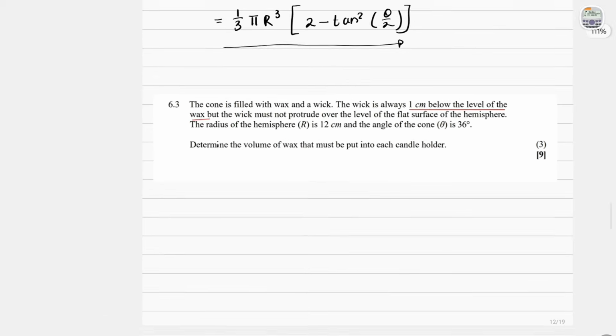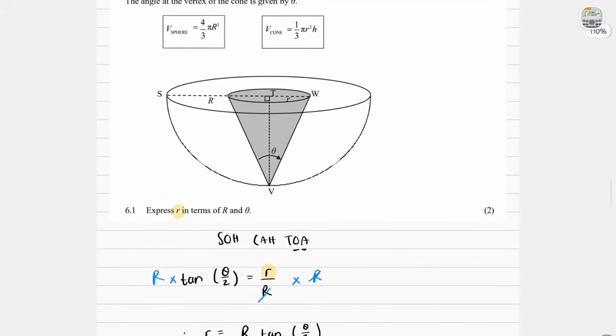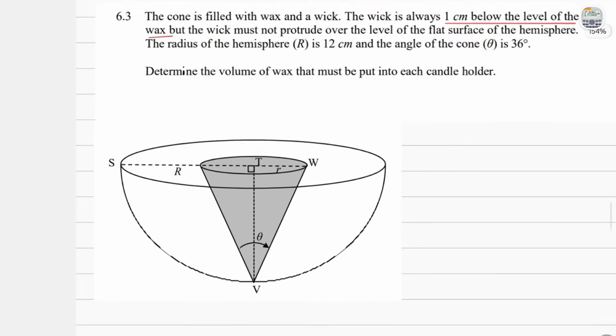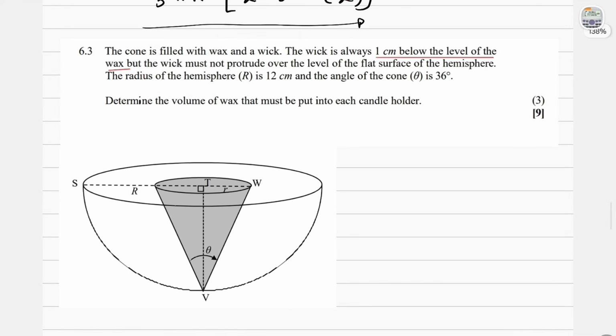Okay, so we're going to actually need the image. I'm going to just go ahead and get this. And let's just go ahead and think about this. Okay, so here is our diagram and let's just read into this. They say that this cone is filled with wax and a wick. And then the wick is 1 centimeter below the level of the wax. So if we had the wick, that string that will be there, and they're saying it's 1 centimeter below the wax, we need to know where exactly that wax is going to be.